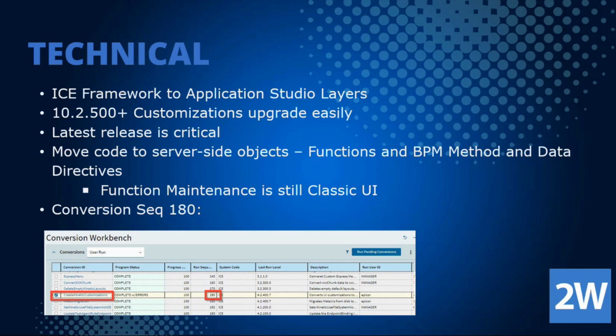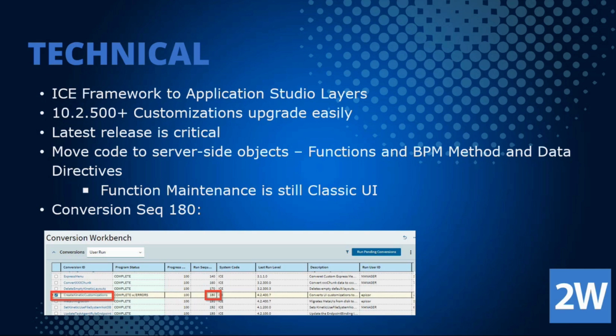specifically either Epicor functions, which have been present since about, I think, 10.2.700. They may have even reared their head a little bit earlier than that, but moving that code to functions or to BPM method and data directives. And again, functions, method directives, and data directives are all server-side code.